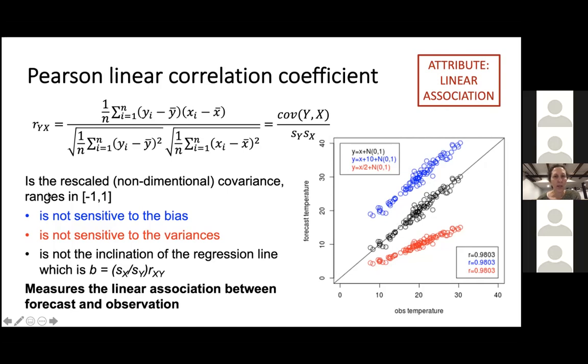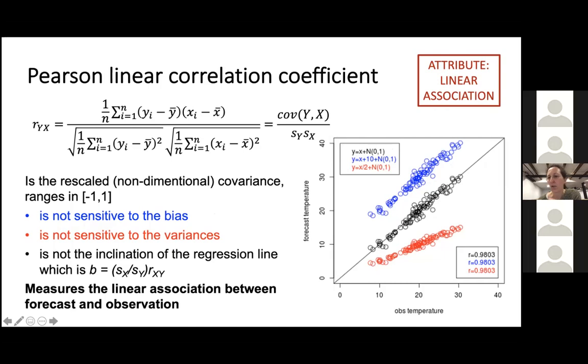So the correlation is not sensitive to the bias. I've created an example to illustrate that. I'll start with the black points. The two distributions are identical, I just added a bit of noise.